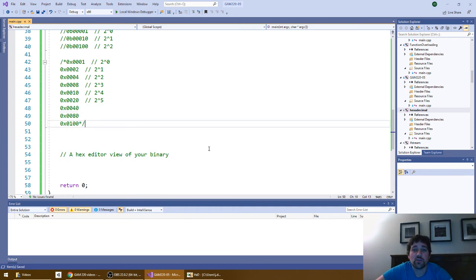So lots of cool stuff with hexadecimal, and these basic applications go really far. They can enable you to do a lot of good programming and coding work with hexadecimal.